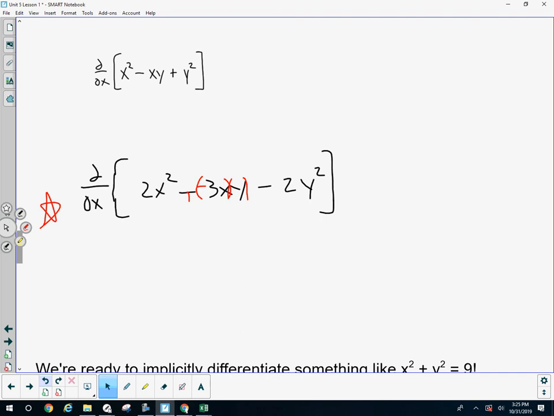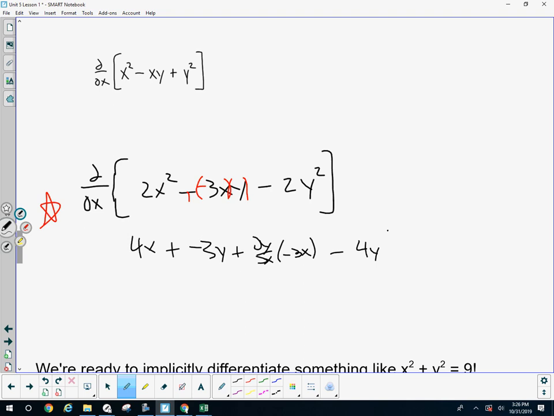Watch how this will make sure I have the correct signs. 4x plus the derivative of negative 3x times y plus the derivative of y times negative 3x. That's times. Minus the derivative of 2y squared. The difference between my first one and the second one is that this needed to be negative, and now it is.